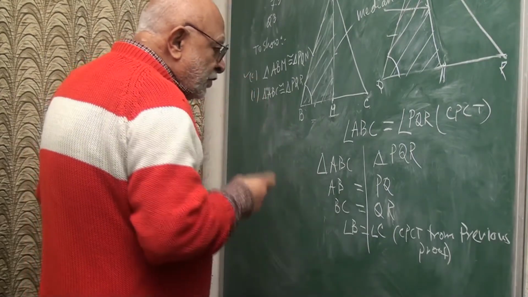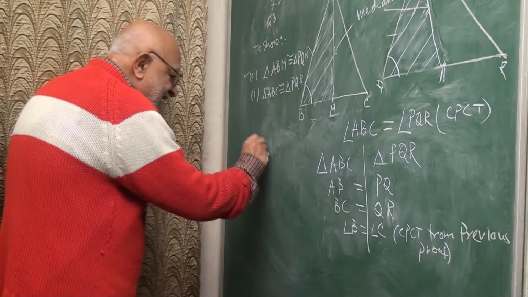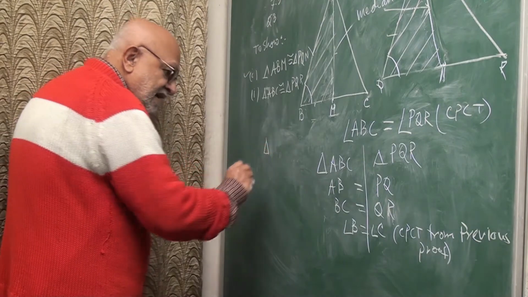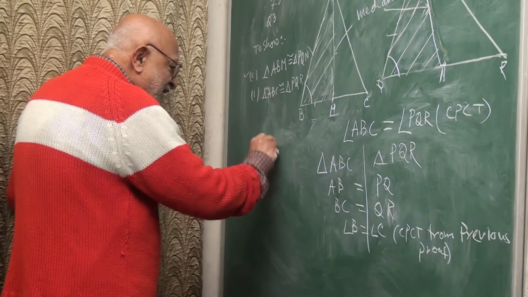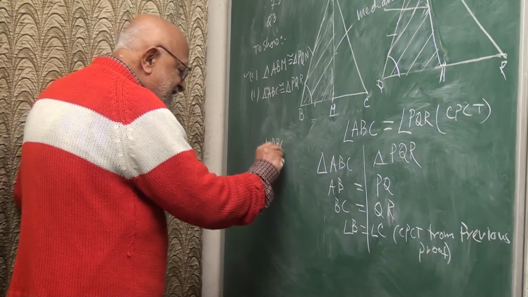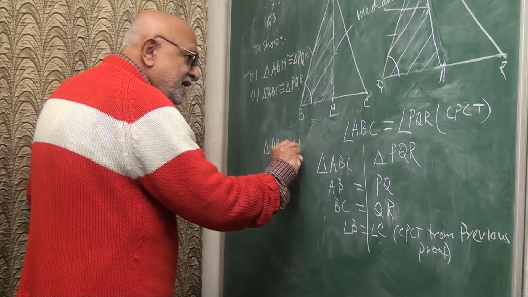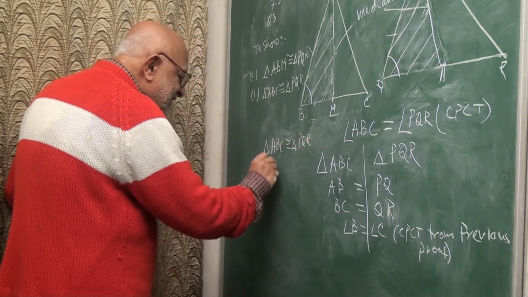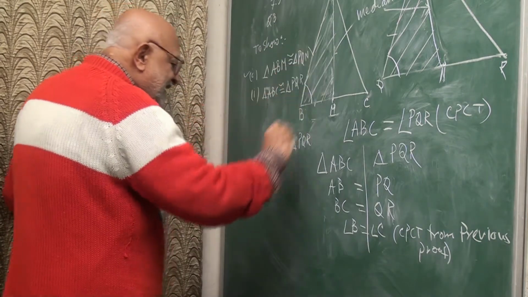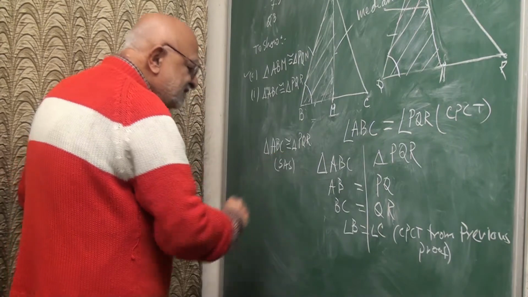Okay, now if that is true, then I can say triangle ABC is congruent to triangle PQR, and that is by which rule? Side, angle, side.